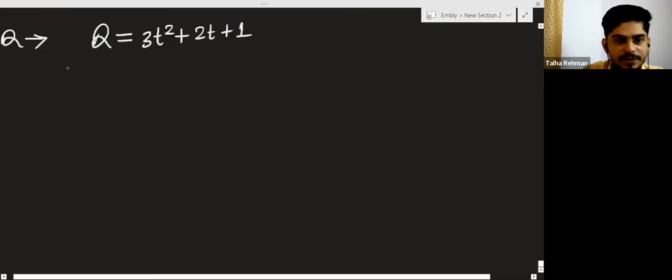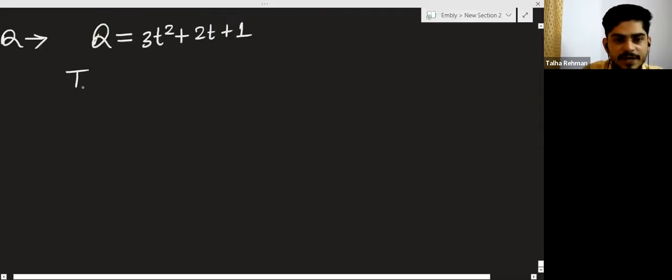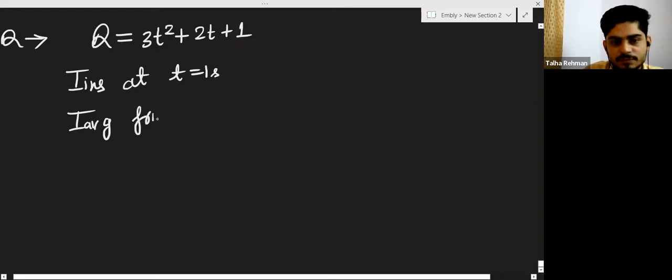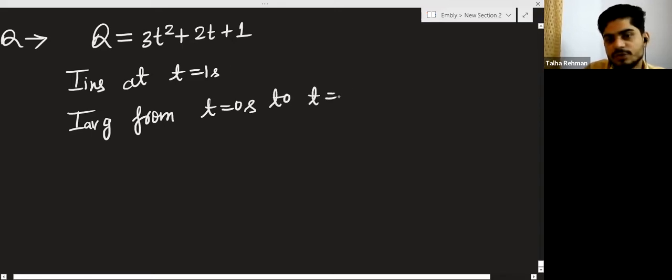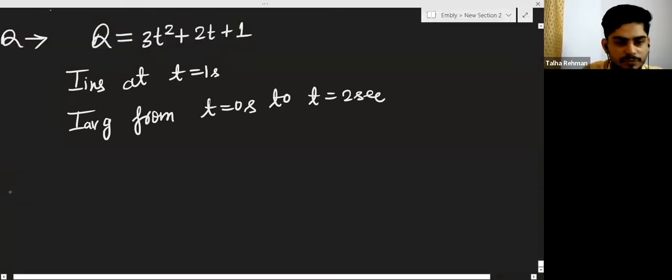You have to find the instantaneous current, I instantaneous, at t is equal to 1 second, and you have to find I average from t equal to 0 second to t equal to 2 seconds. This you have to find.